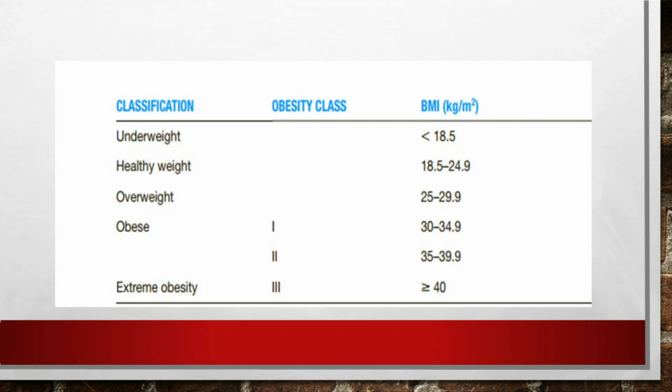Individuals with a BMI of 25 to 29.9 fall under the category of overweight, and persons who have a BMI of 30 to 34.9 fall under the category of first class obesity. Individuals with a BMI of 35 to 39.9 kg per meter squared fall under the category of second class obesity, and individuals whose BMI is greater than 40 kg per meter squared are classified under extreme obesity.